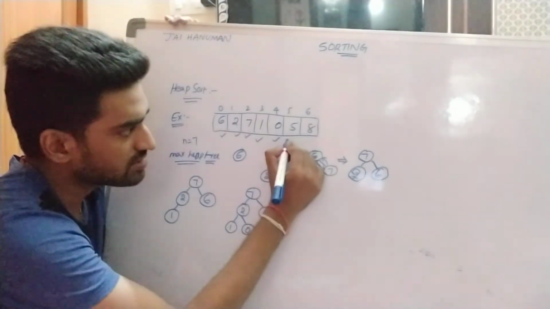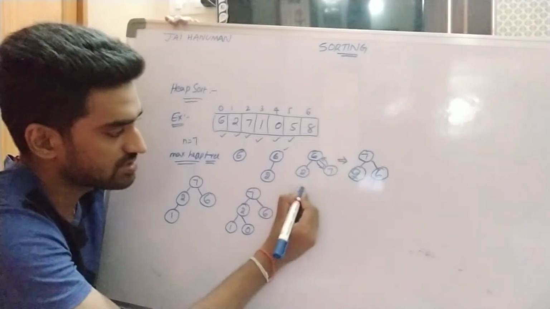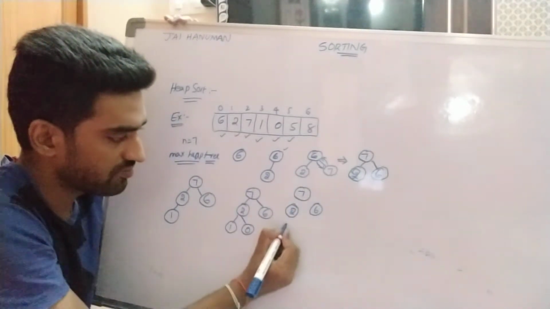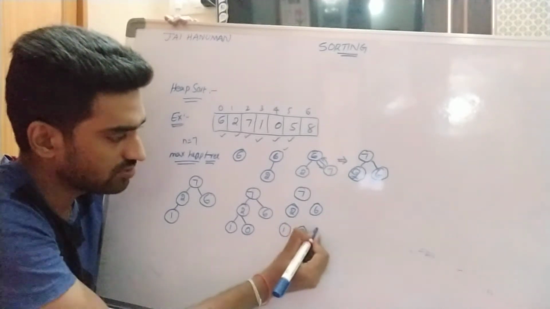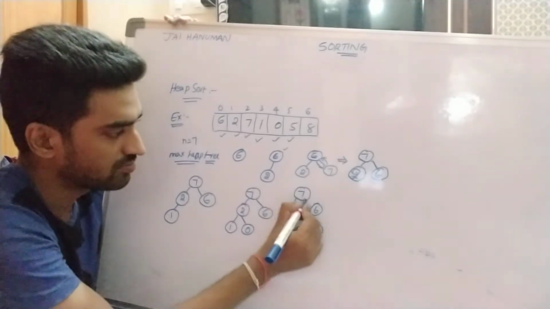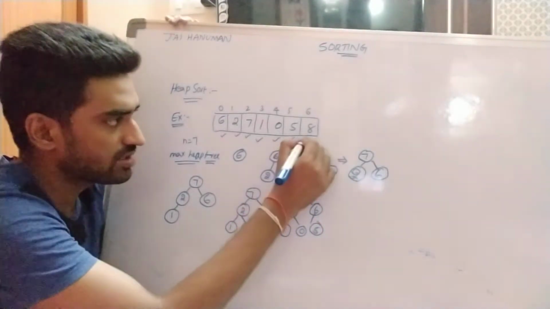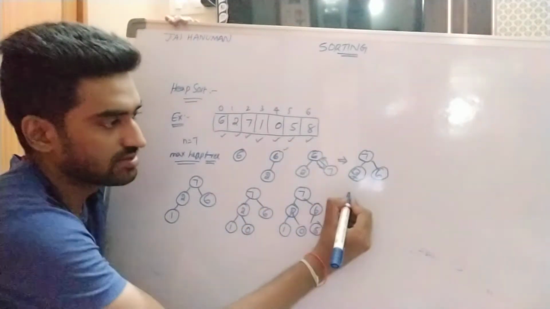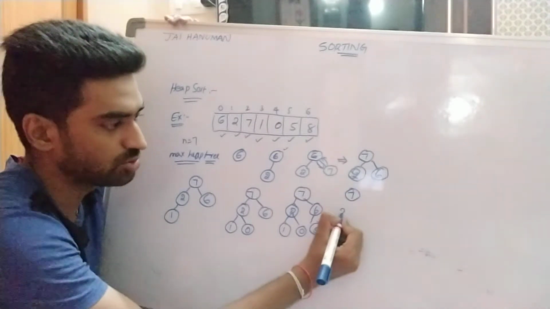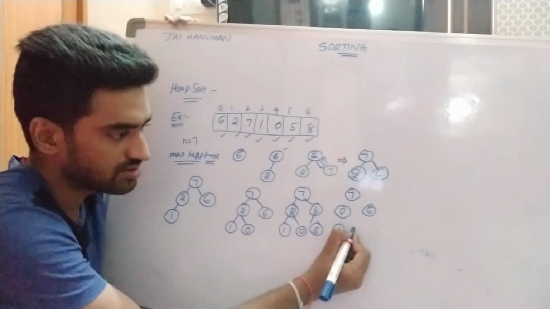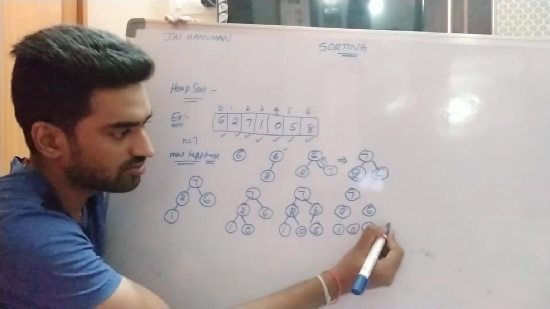What is the next inserted node? 5. 7, 2, 6, 1, 0, 5. So this tree also satisfies the max heap tree property. Now what is the next inserted node? 8. 7, 2, 6, 1, 0, 5, 8.